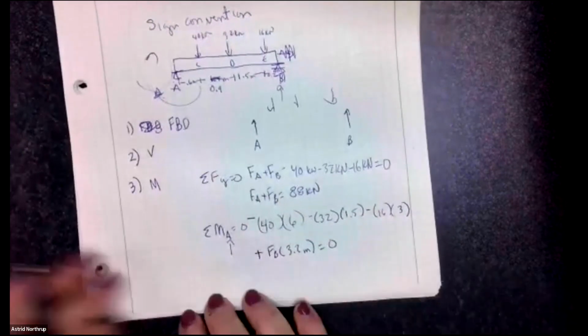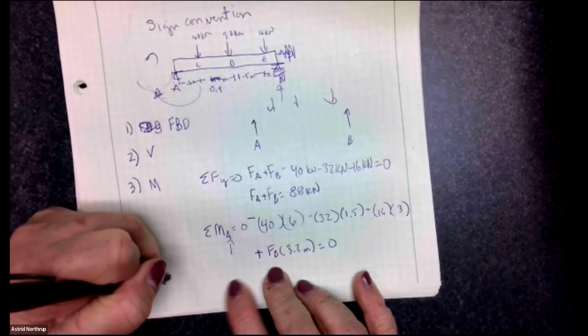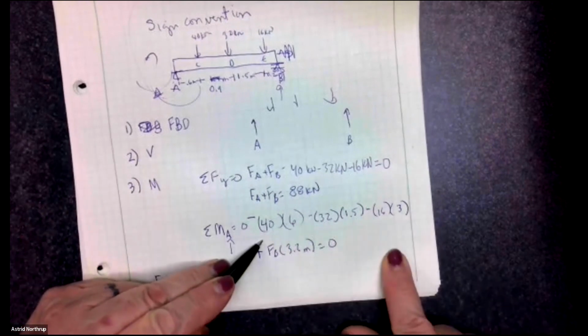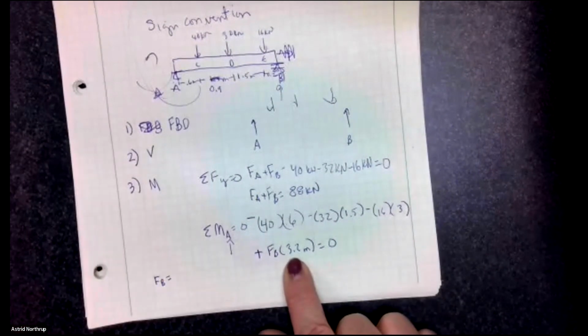All right, so if we look at this, we can say then the force of B, I'm going to pull everything else over to the other side, so they'll all become positive, and then divide by 3.2.